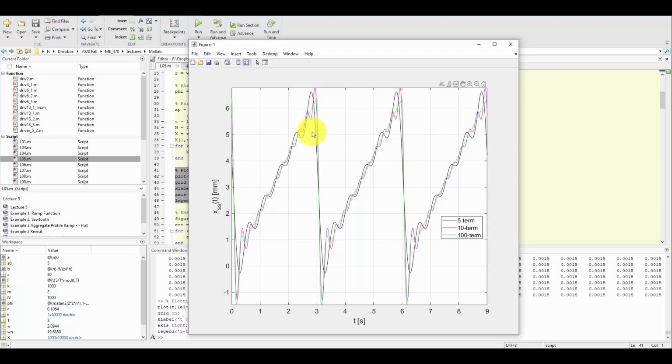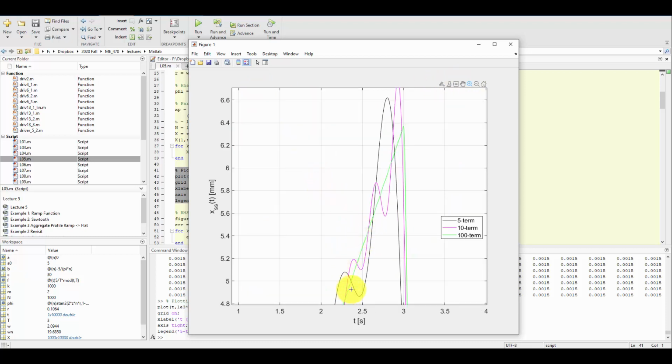And then when I use 100 of these terms, it's a little bit tough to see in the green, but if I zoom in a little bit, I'm not seeing really any of that waviness like I'm seeing with only 5 terms or 10 terms. So it seems to be a lot better. I do have a little bit of overshoot, it appears up here. But let me go back to the original picture.